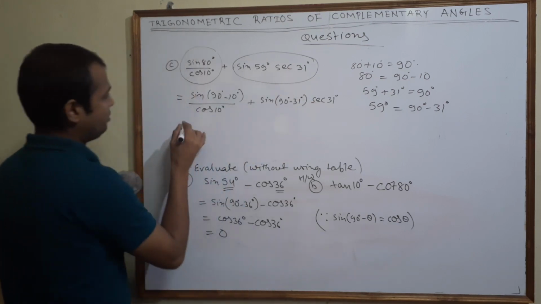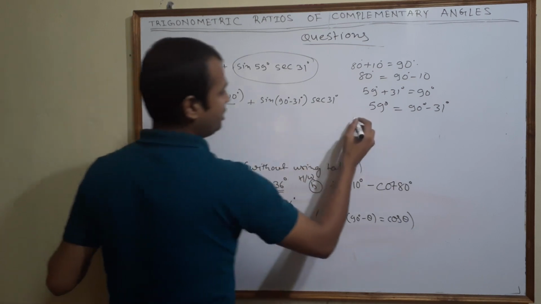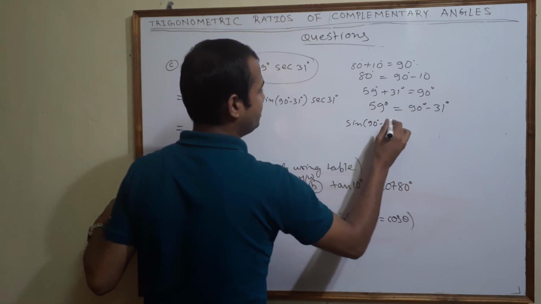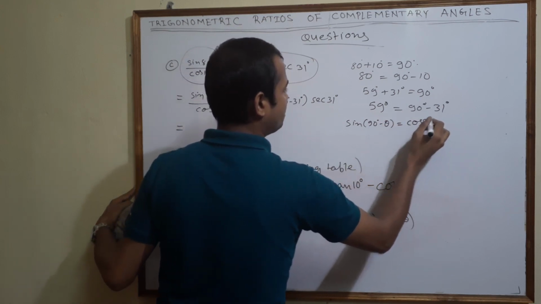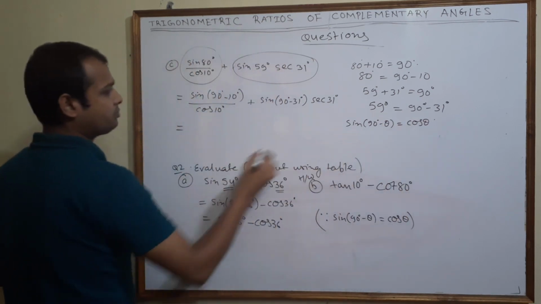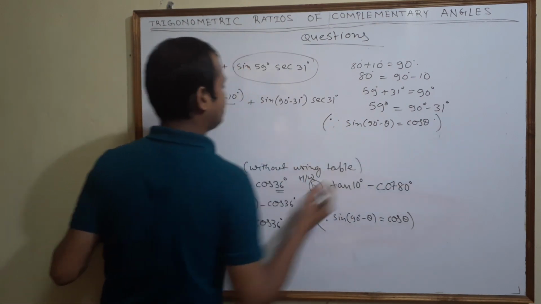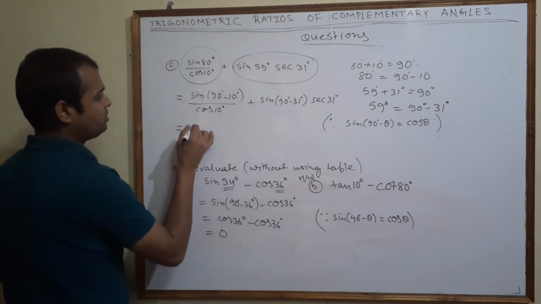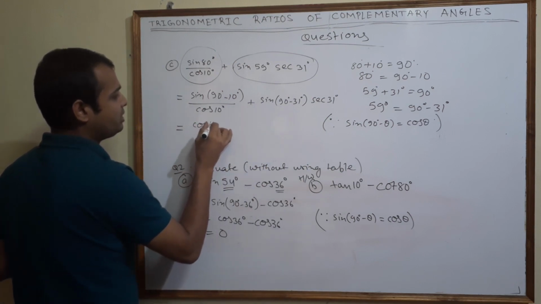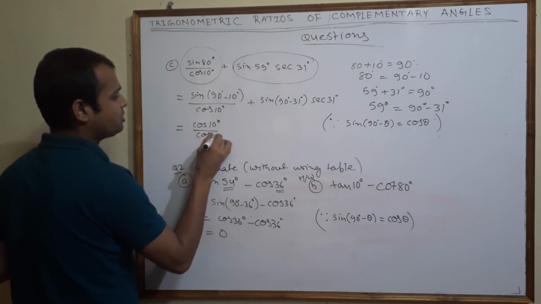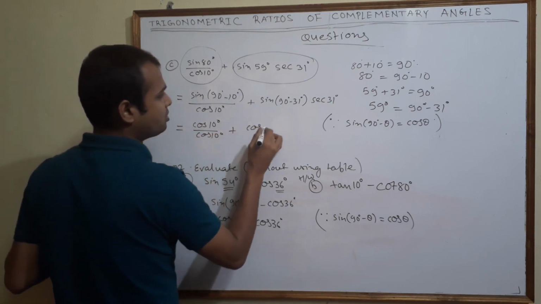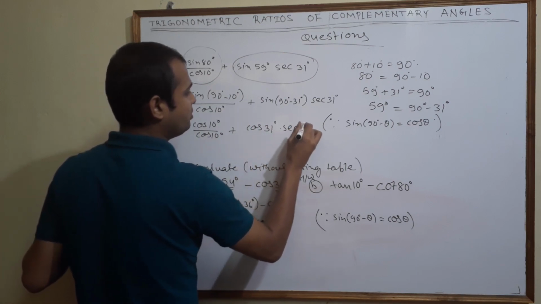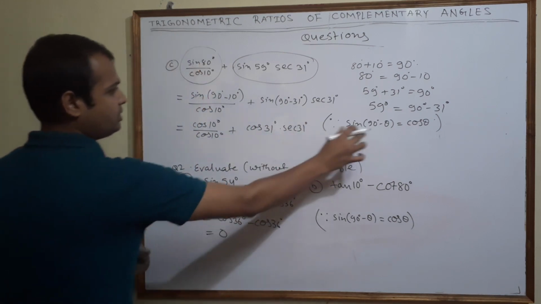Now recall that sin(90 degree minus theta) is equal to cos theta. You have to recall this. This will be used for this as well as this. So this sin will become cos, simply cos 10 degree upon cos 10 degree, and this will become cos 31 degree into sec 31 degree. Clear? Reason is this.